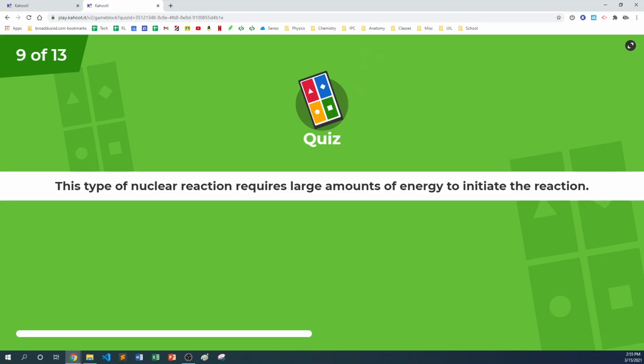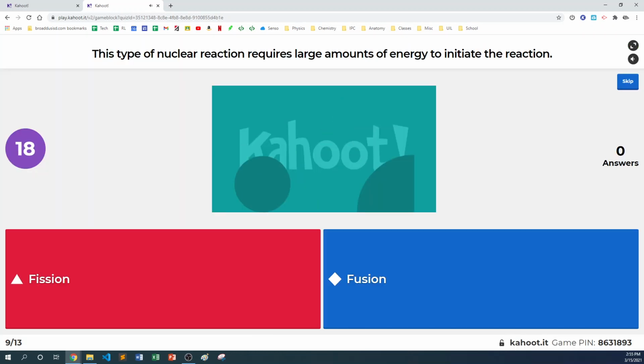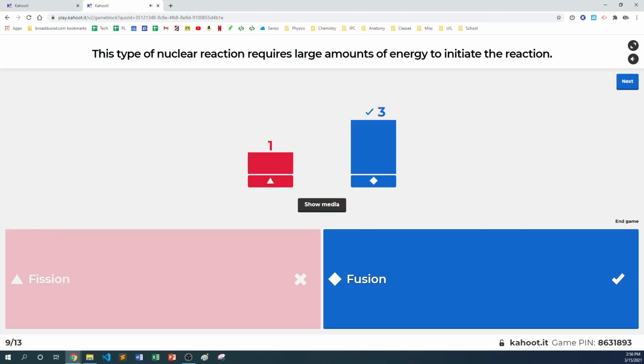This type of nuclear reaction requires large amounts of energy to initiate the reaction. That was better. So it's fusion. Fission can spontaneously happen. Fusion requires the heart of a star. Do y'all know what a hydrogen bomb is? A hydrogen nuclear bomb? Oh yeah, it's a fusion bomb.